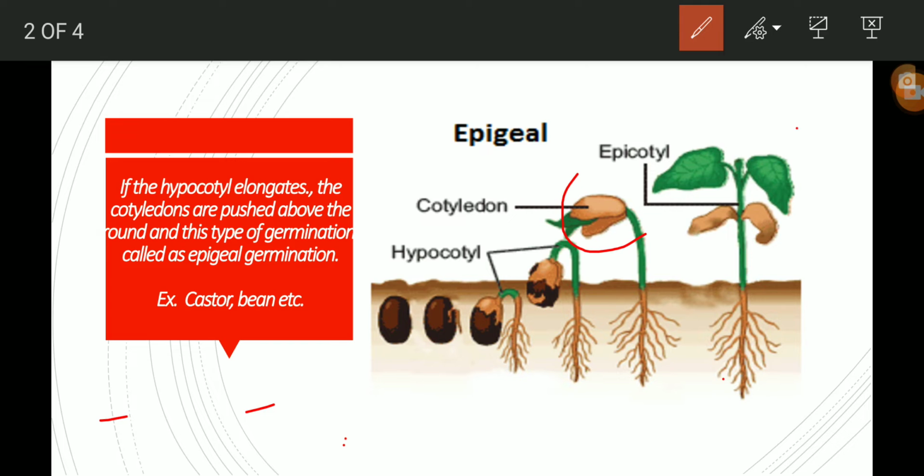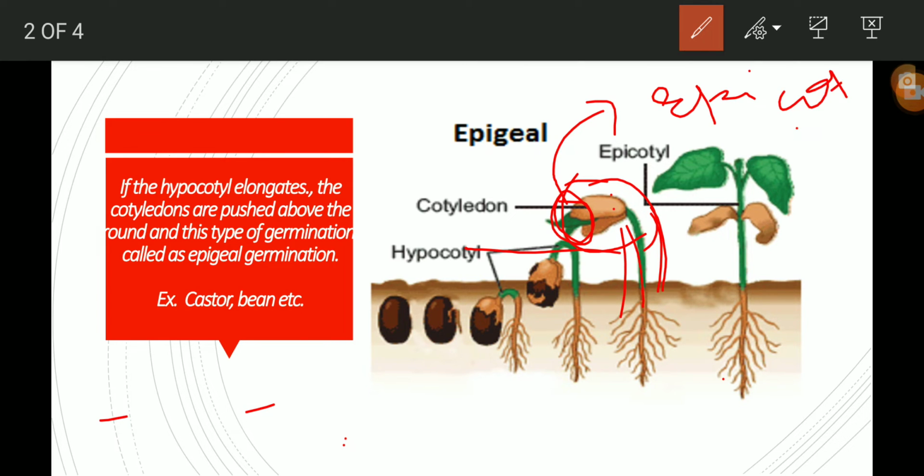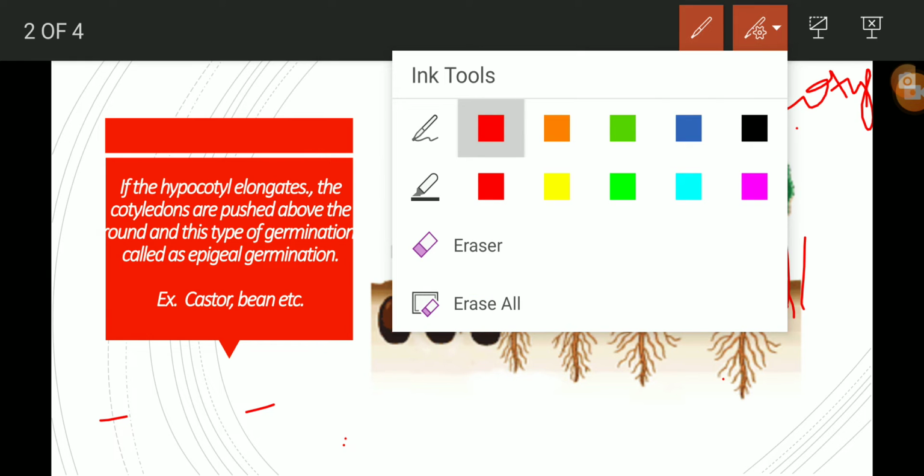Students, in the picture you can see this is a cotyledon, and this region which is below the cotyledon is known as hypocotyl, and the region from the point where the cotyledon is attached with the plumule is known as epicotyl. Meaning the part above the cotyledon, this one is epicotyl, and below the cotyledons, that region is known as hypocotyl. Okay, this is clear.